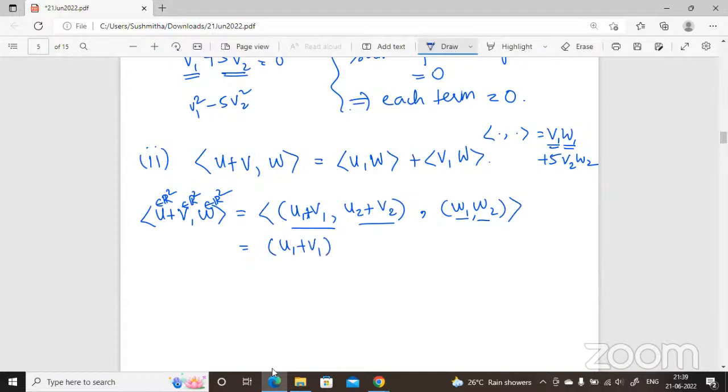U1 plus V1, okay, into the first component of the second vector, that is W1, plus 5 times the second component of the first vector into the second component of the second vector. Now you want to bring it to this. Can you bring it to this?